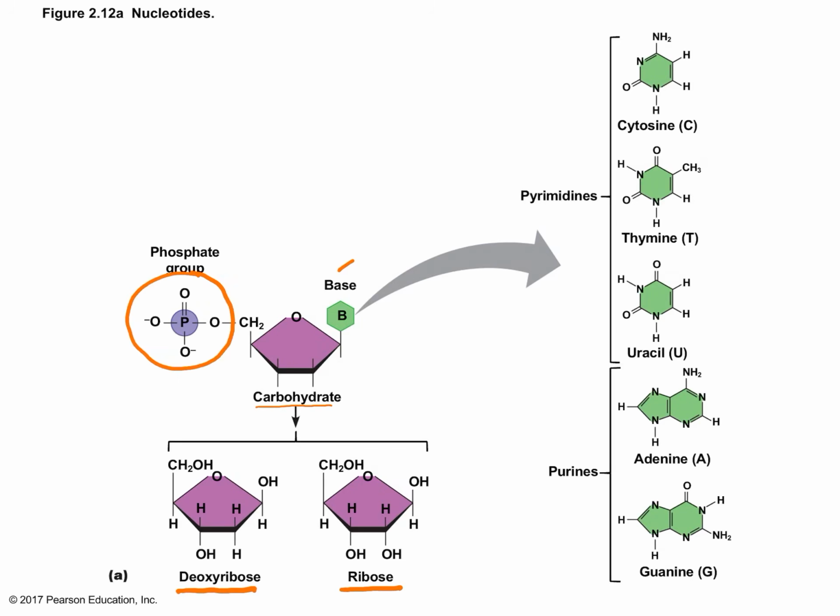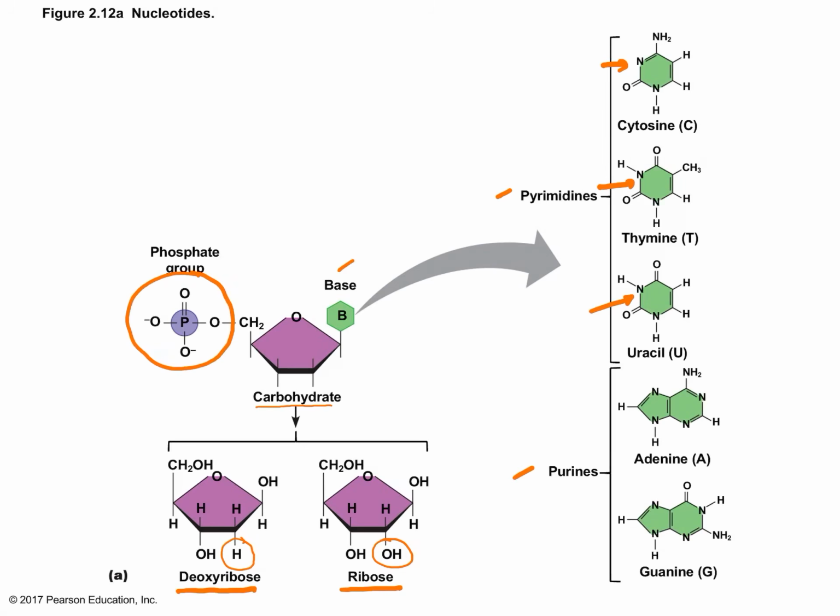The carbohydrate in RNA is ribose. And the difference is right here. Notice that in deoxyribose, we're missing the oxygen group, and that's why it's called deoxy, and the ribose has it. The bases are in groups called pyrimidines and purines, but all of these bases have a nitrogen in them, so oftentimes we call them nitrogenous bases.